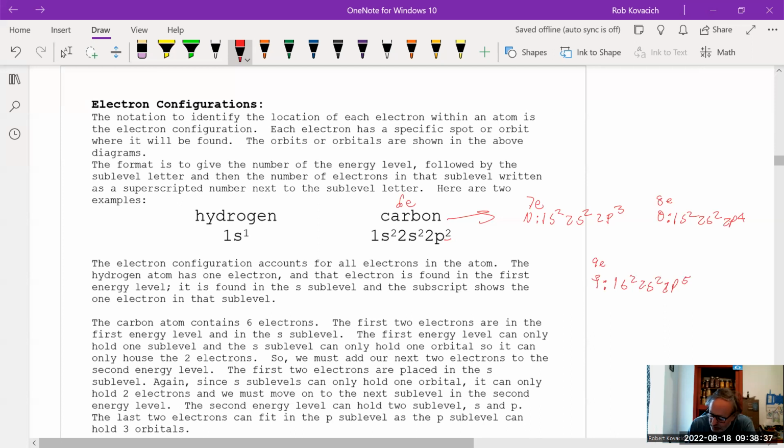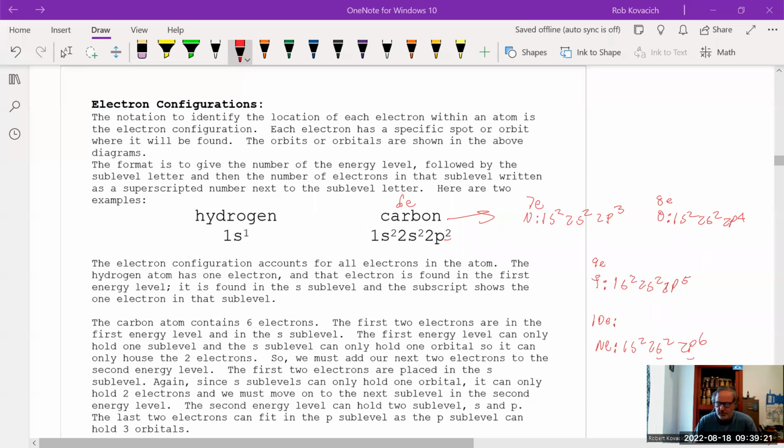And so then I've dealt with 9 electrons. And then if I've got 10 electrons, then we're looking at neon, 1s2, 2s2, 2p6. And I filled up my second energy level fully. My second energy level has an s sublevel and a p sublevel, and I put electrons in both of those.